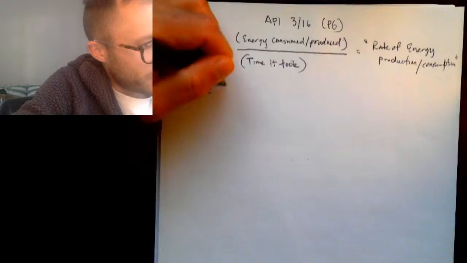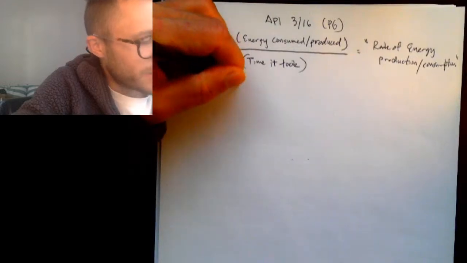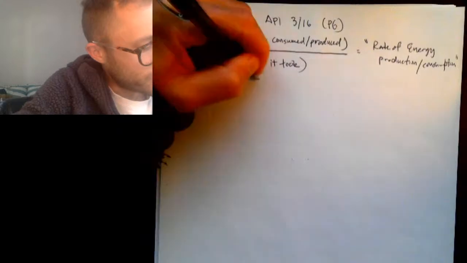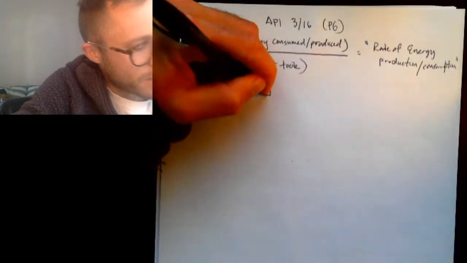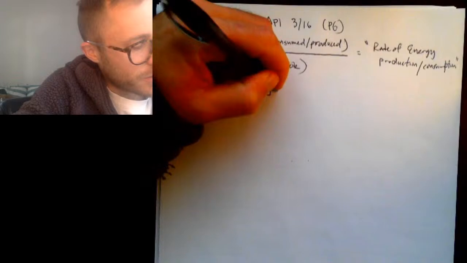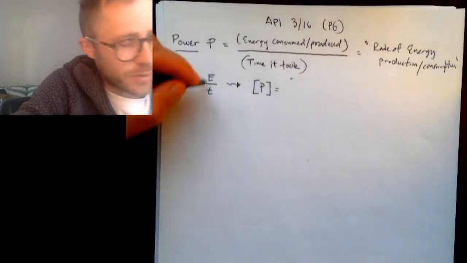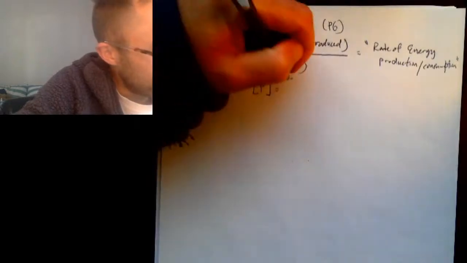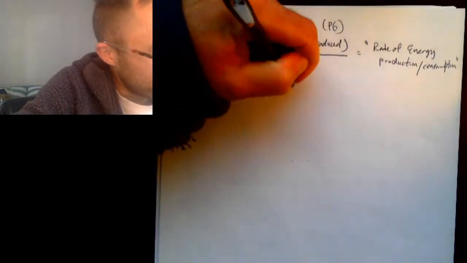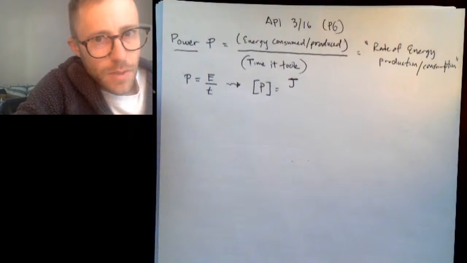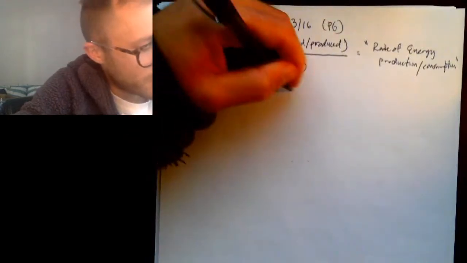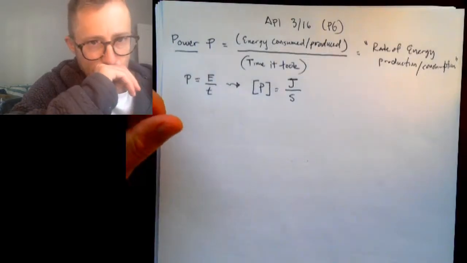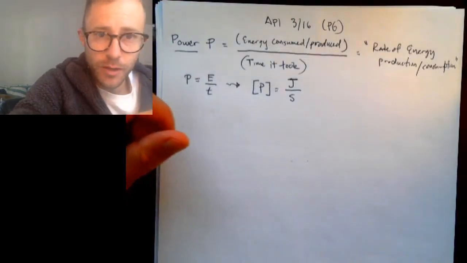That allows us to get the units of power. The units of power are units of energy divided by units of time. The units of energy are joules, and the units of time are seconds. So power is measured in joules per second.